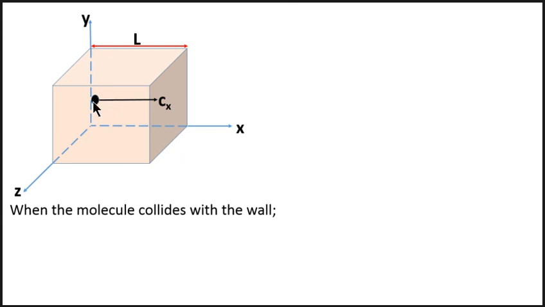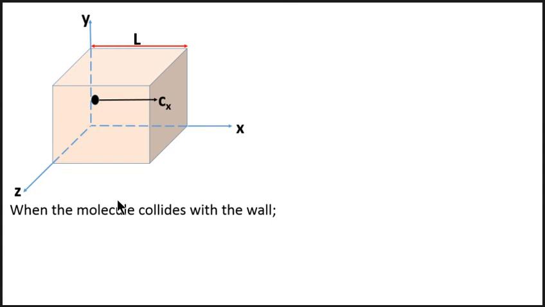Meaning that the product of its mass times the velocity it used to collide with the wall will give me its initial momentum. When it bounces off from the wall, it will give me its final momentum.